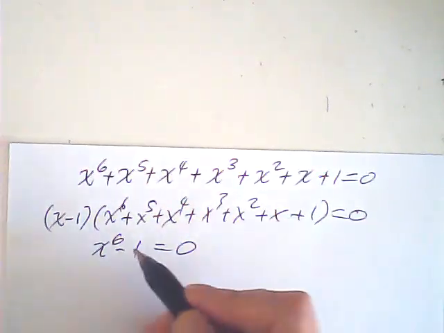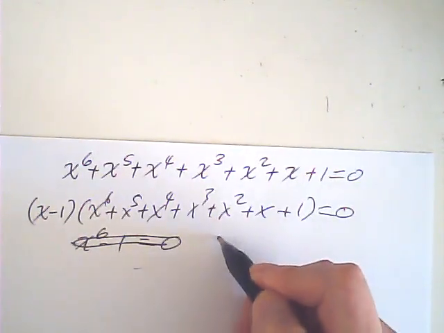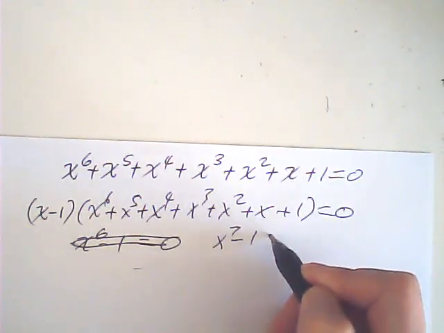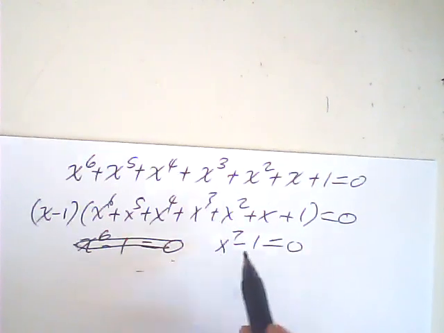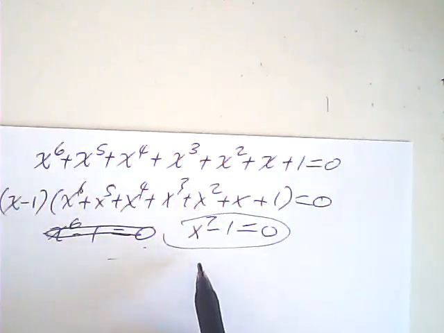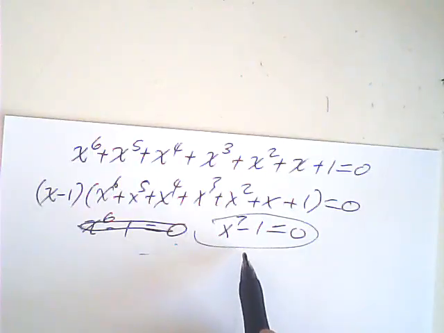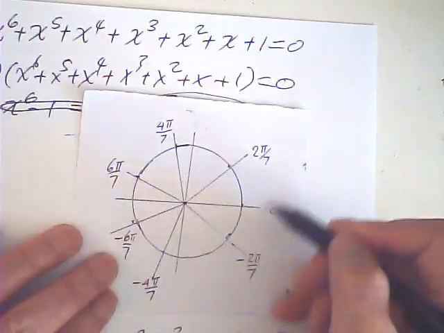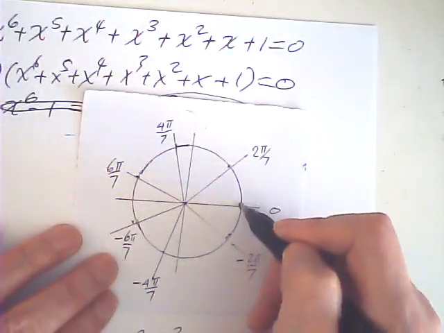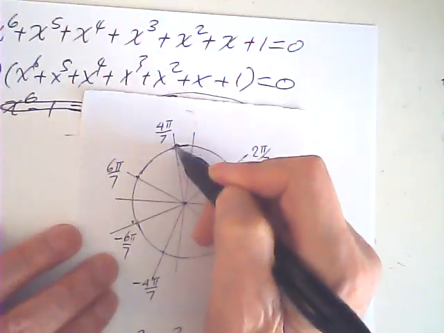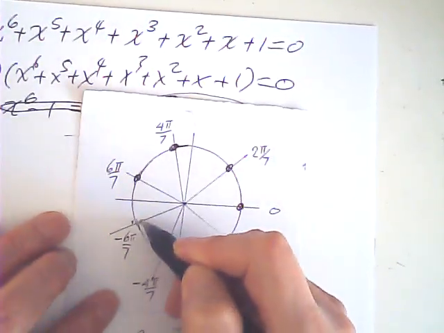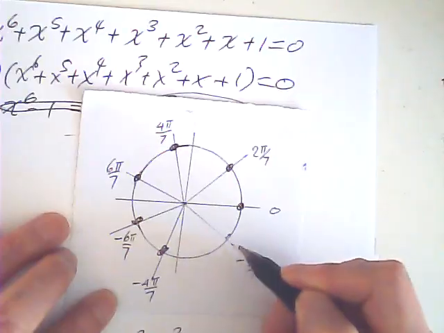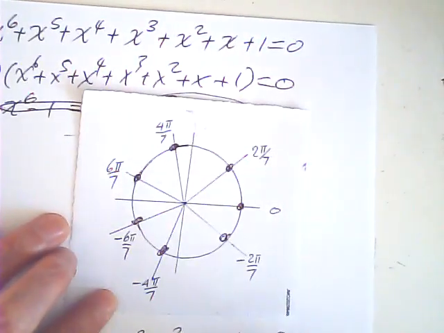No, 7 roots, I'm sorry. So this equation has 7 roots. Well, that means on the unit circle, evenly distributed, 1, 2, 3, 4, 5, 6, and 7.